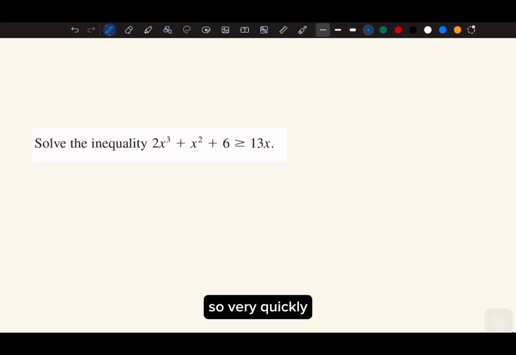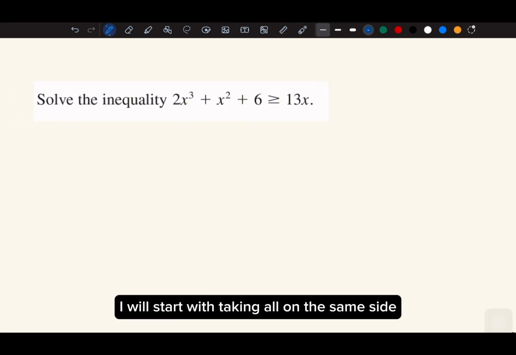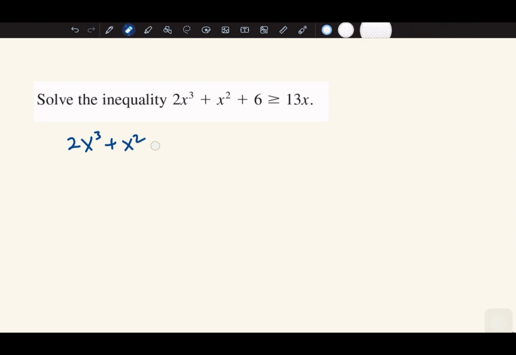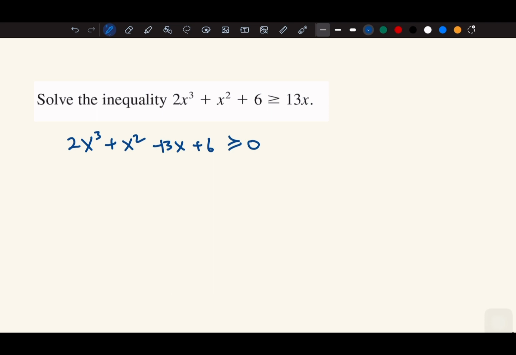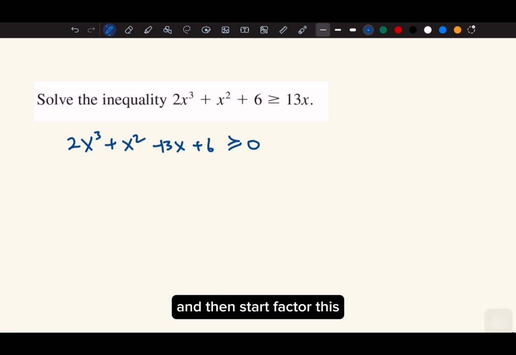Very quickly, I will start with taking everything to the same side. And it's a polynomial. So we have this polynomial. You can ignore this, and then start factoring this.